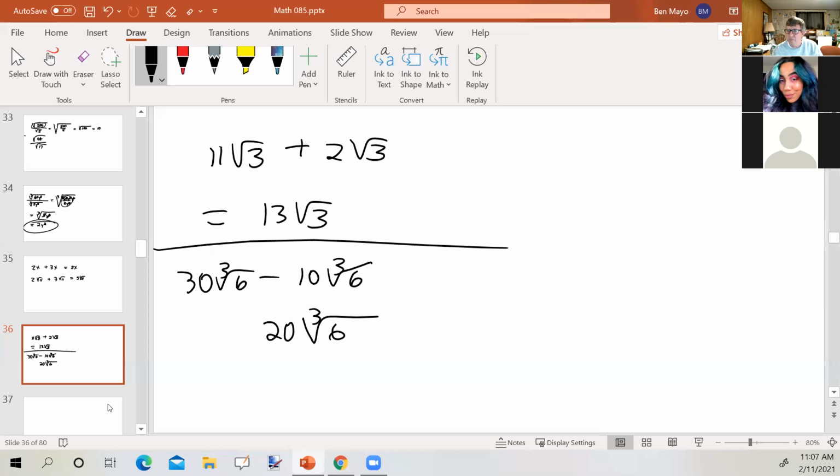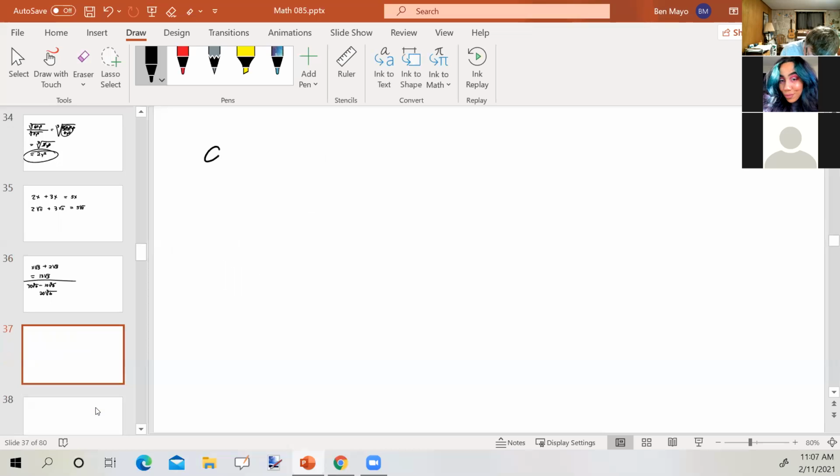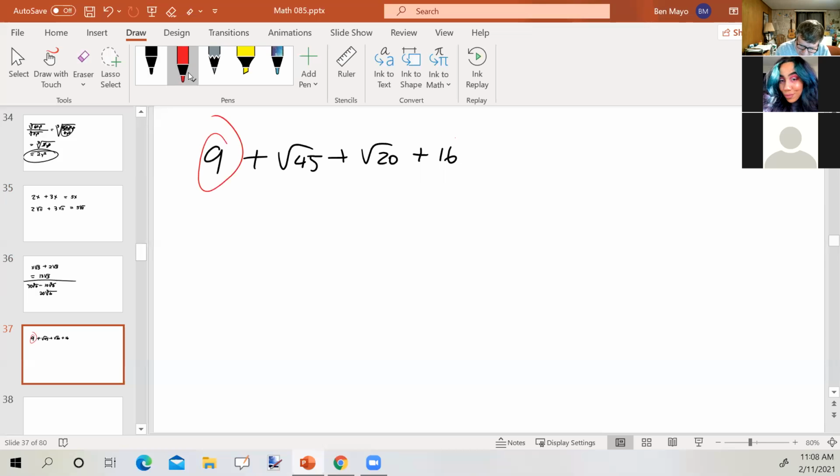Okay. Now, let's say we've got 9 plus the square root of 45 plus the square root of 20 plus 16. And it says simplify by combining like radicals. What we need to do is take each separate term and simplify it as much as possible first. Well, 9 is going to stay 9 and 16 is going to stay 16.